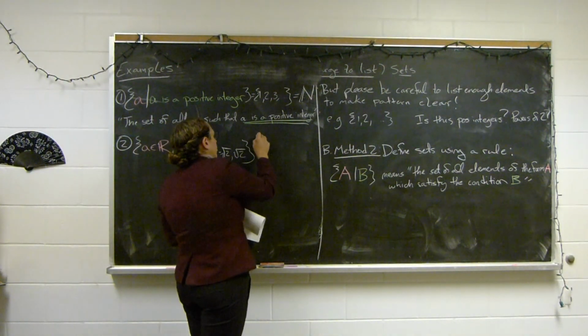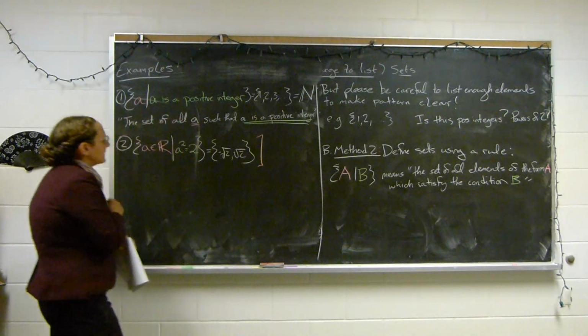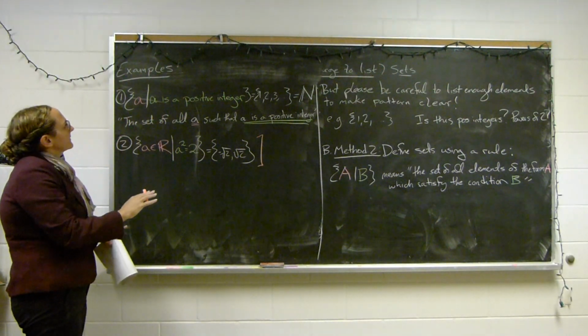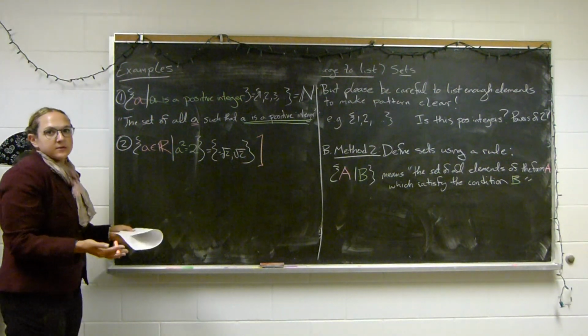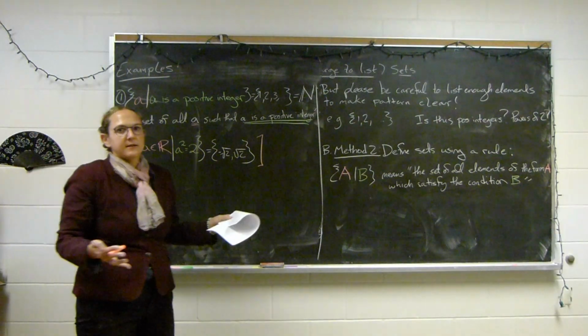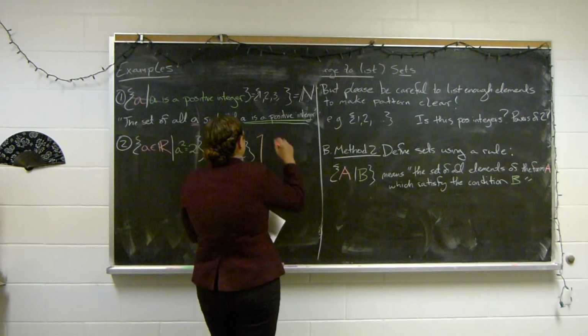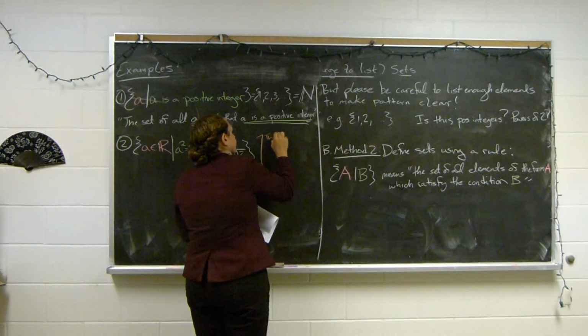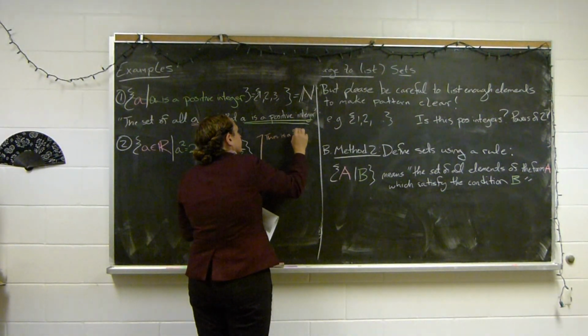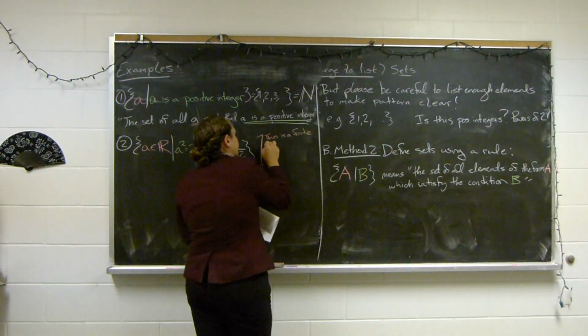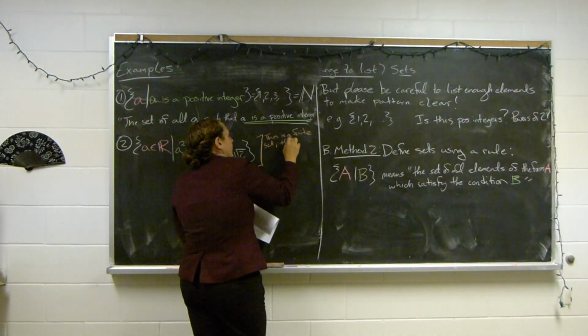The other thing that I want to note about this is that this is a finite set. That's okay. I know I said this is notation for infinite sets. It's perfectly fine for finite sets too. So this is a finite set.